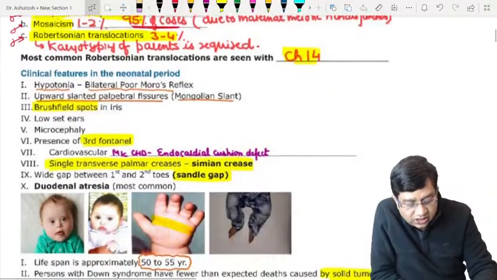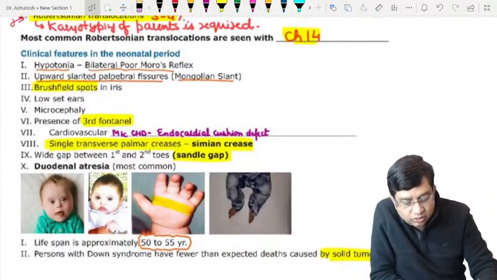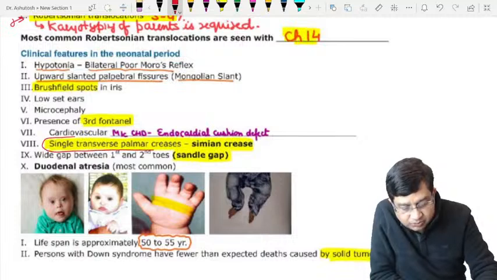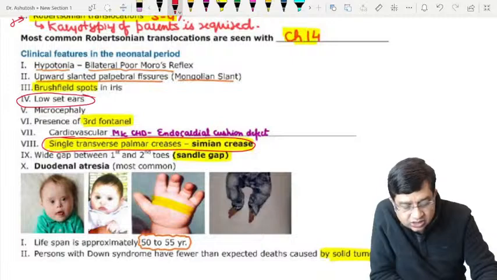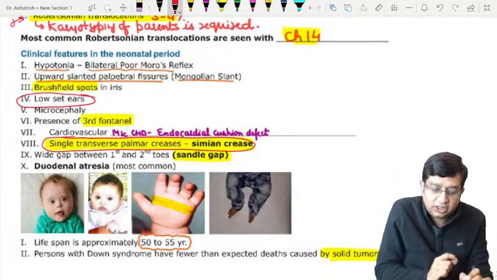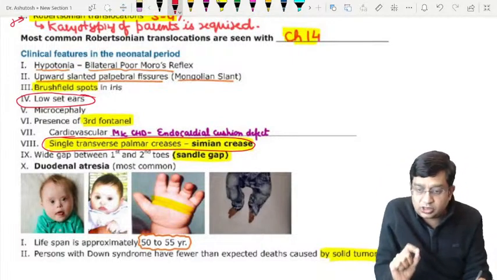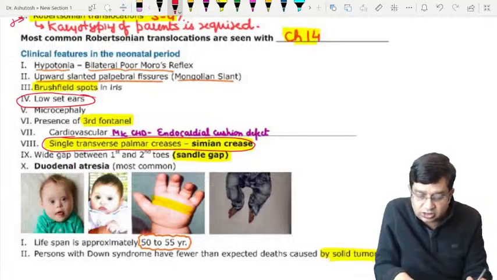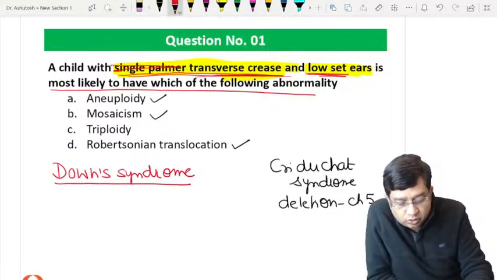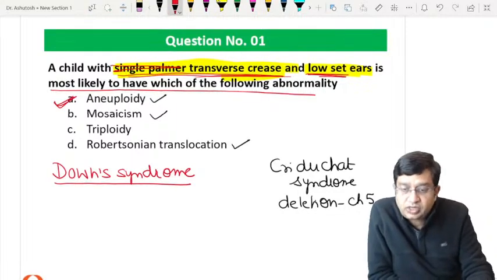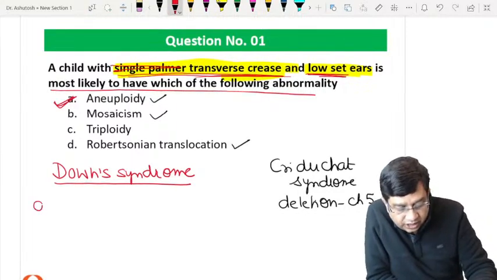And if you can see in the hand below, we basically show a single transverse palmar crease, that is the simian crease, and this is the low set ears which is being written, right? So if this was the question asked and these are the choices given, out of the three the most common should be aneuploidy. Because what is aneuploidy?